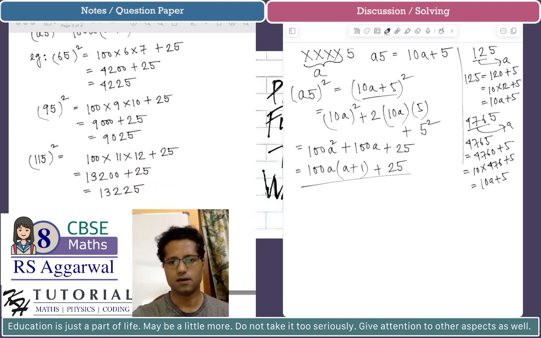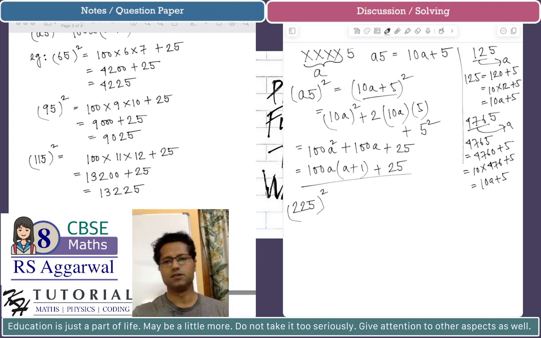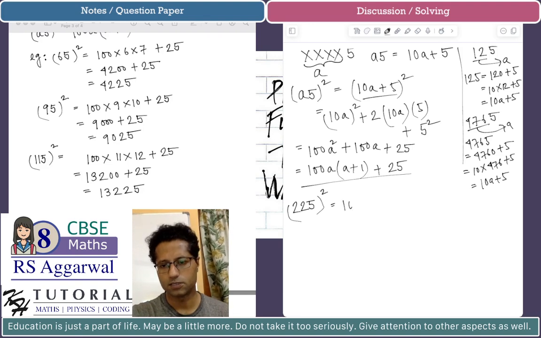Let's say I want to find 225 square. This is a 3-digit number, and this concept will work for a number having any number of digits, but it must end with the digit 5. Now let's find what is 225 whole square. Try to understand the formula: 100 multiplied by a. What is a?